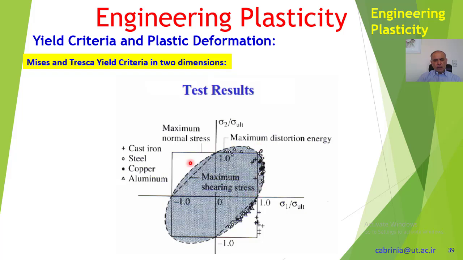That's why Mises is very good for high ductility material. But for brittle material it's no good. You must use maximum normal stress.